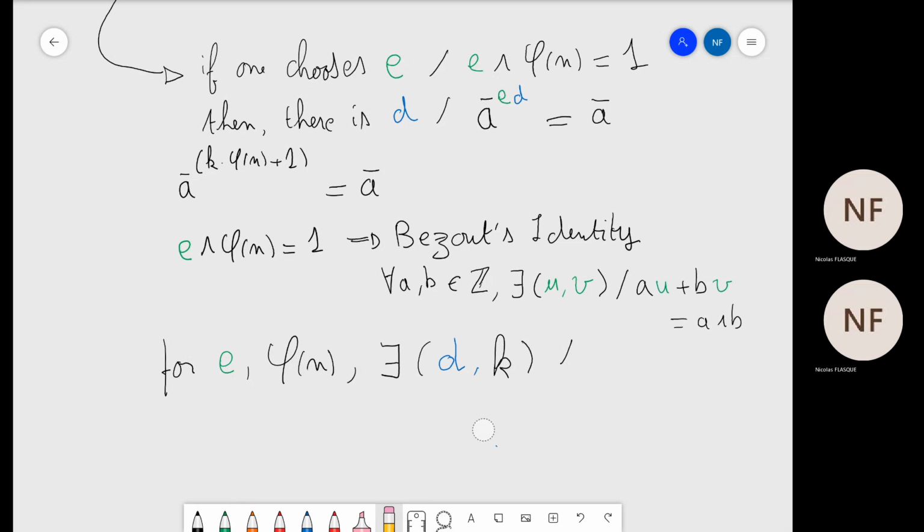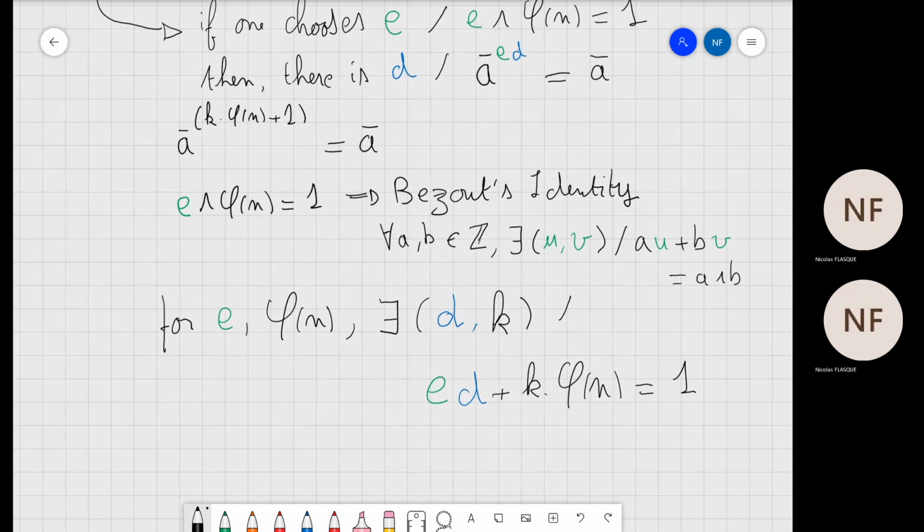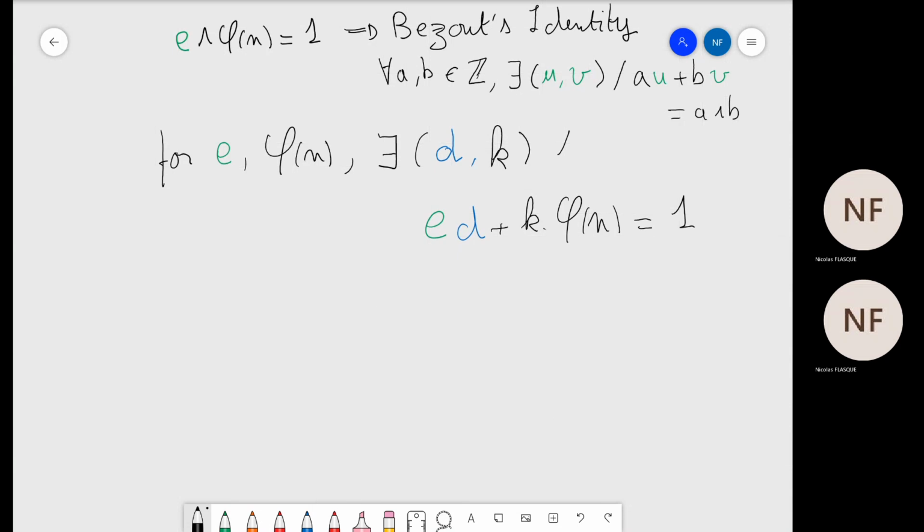It's just changing the names of the coefficients, but Bezout's identity is still true, such that e times d plus k times phi of n is equal to the GCD of e and phi of n, and as a hypothesis, e and phi of n are coprime, so e times d plus k times phi of n is equal to 1.